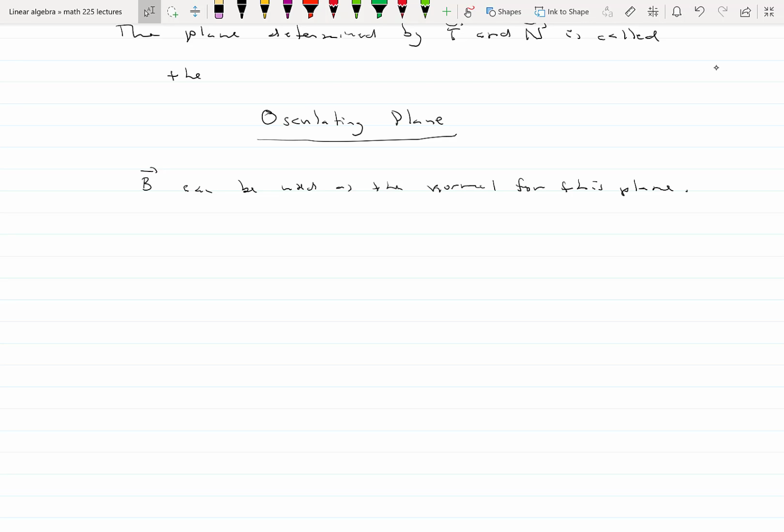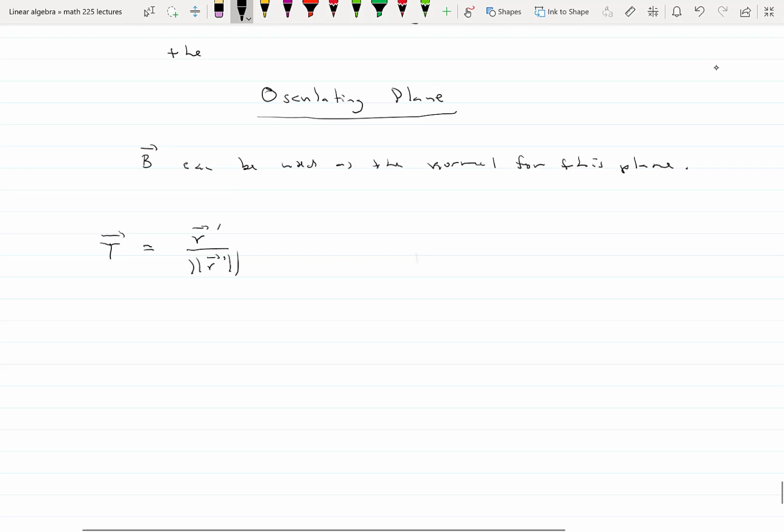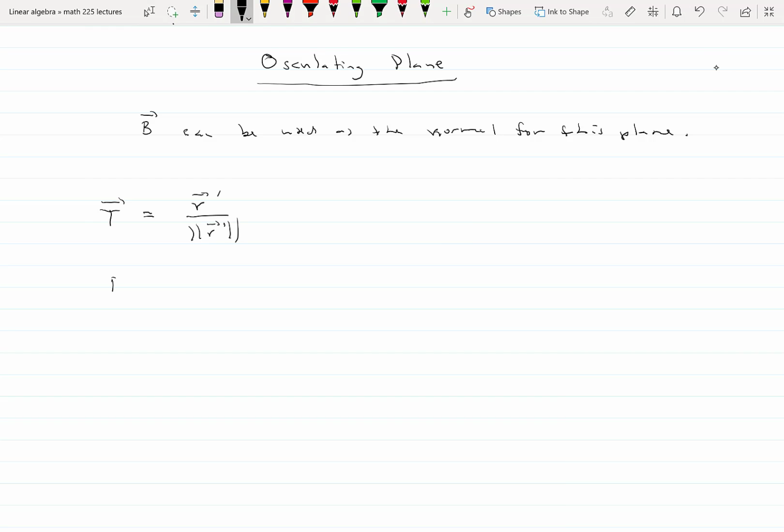Well, we have a formula for T. T equals r prime over the length of r prime. N is equal to T prime over the length of T prime.